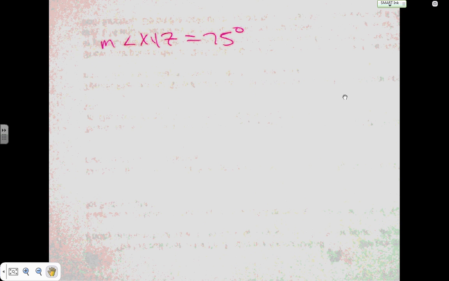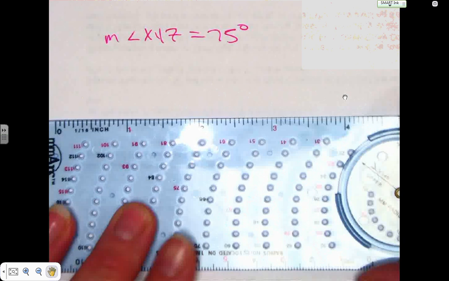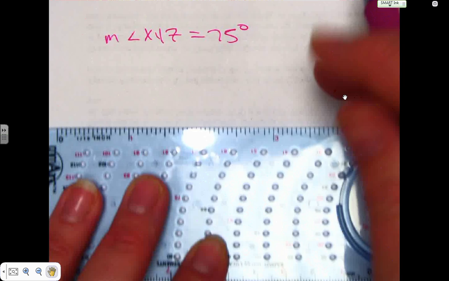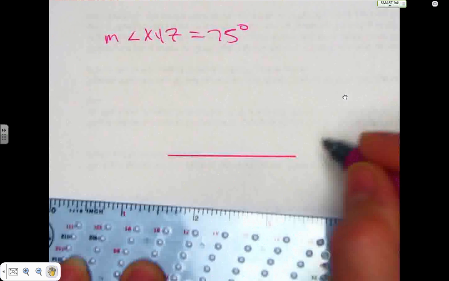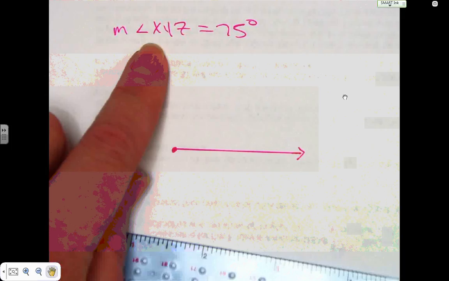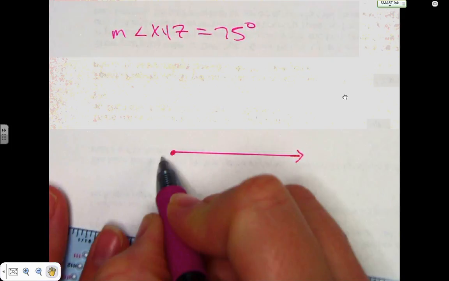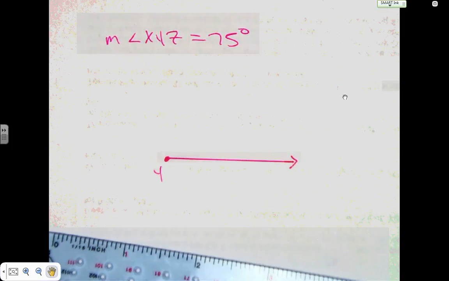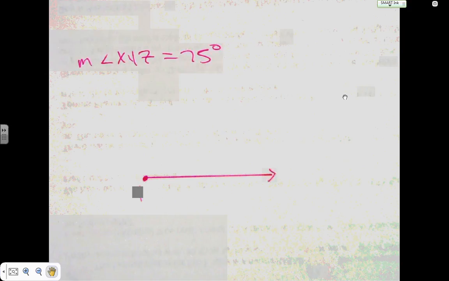I want you to create angle XYZ, and I want it to be 75 degrees. So you start out by drawing the bottom ray. You just draw yourself a ray. The end point of the ray is going to be the vertex of the angle, so it's going to be my Y. Now I want it to be 75 degrees.